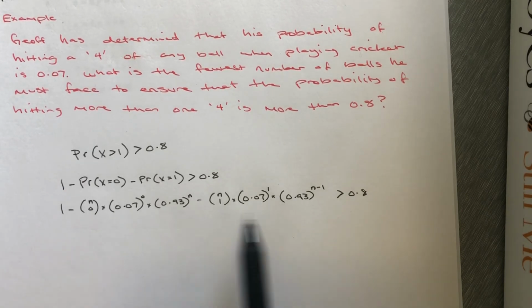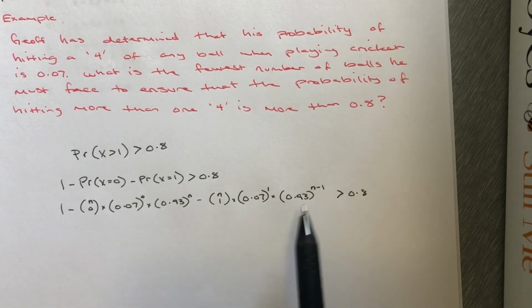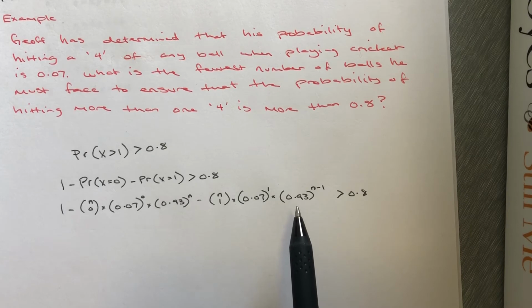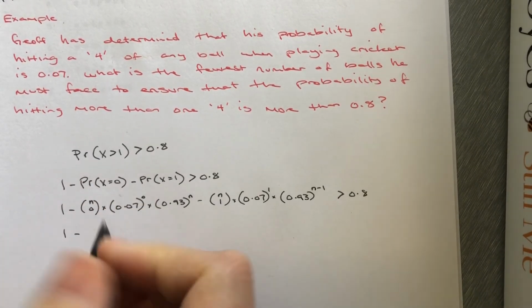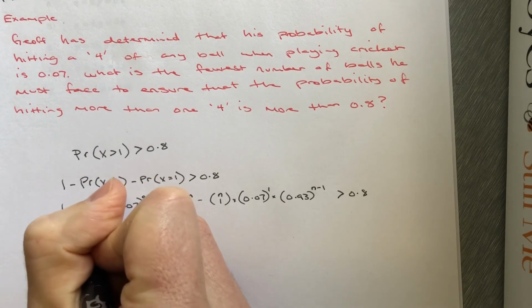Now you could just put this straight into your CAS and solve for n, because that's what we want the value for. I'm going to do one more step though, just so you see a multiple choice question where you've got to go the next step. So n choose 0, that's 1.